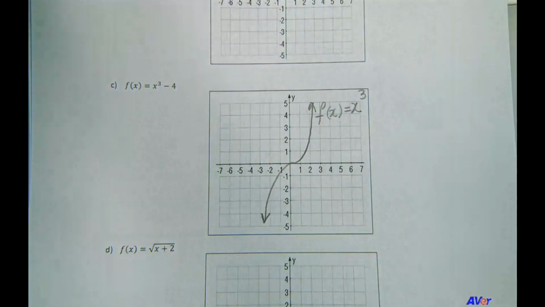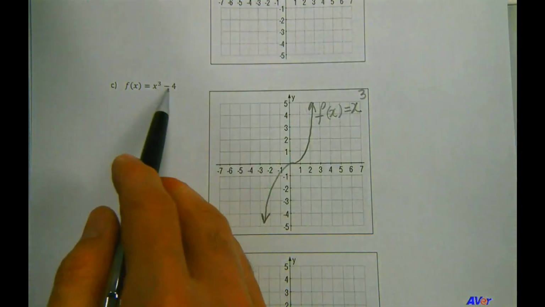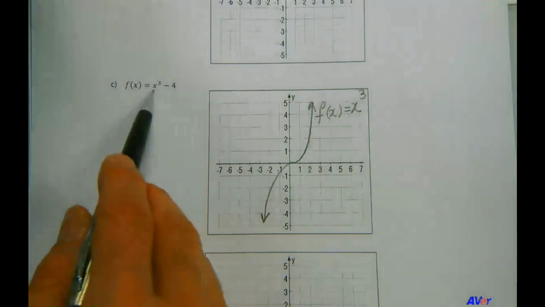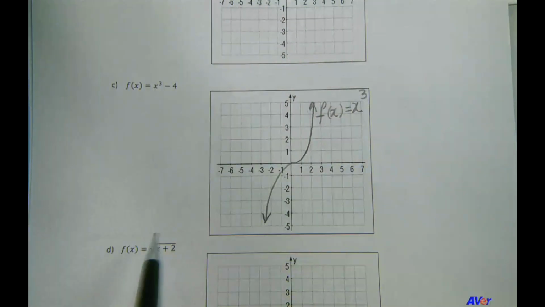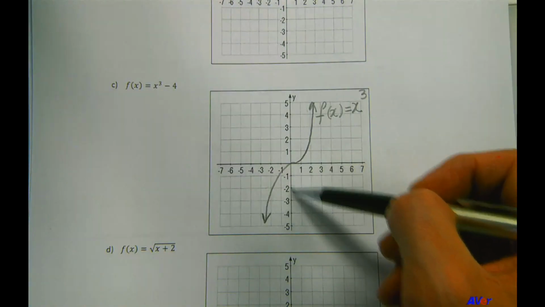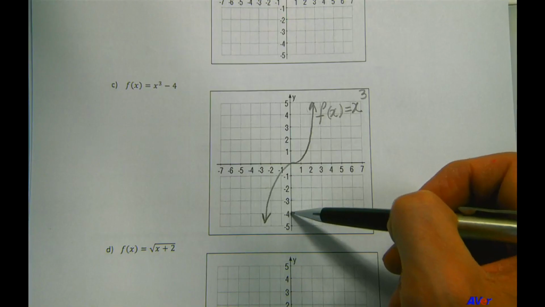That's the original cubic function with no transformation. Now this minus 4 means, because it's outside of the x cubed, the transformation happens 4 units down. So the whole thing moves 1, 2, 3, 4 units down.